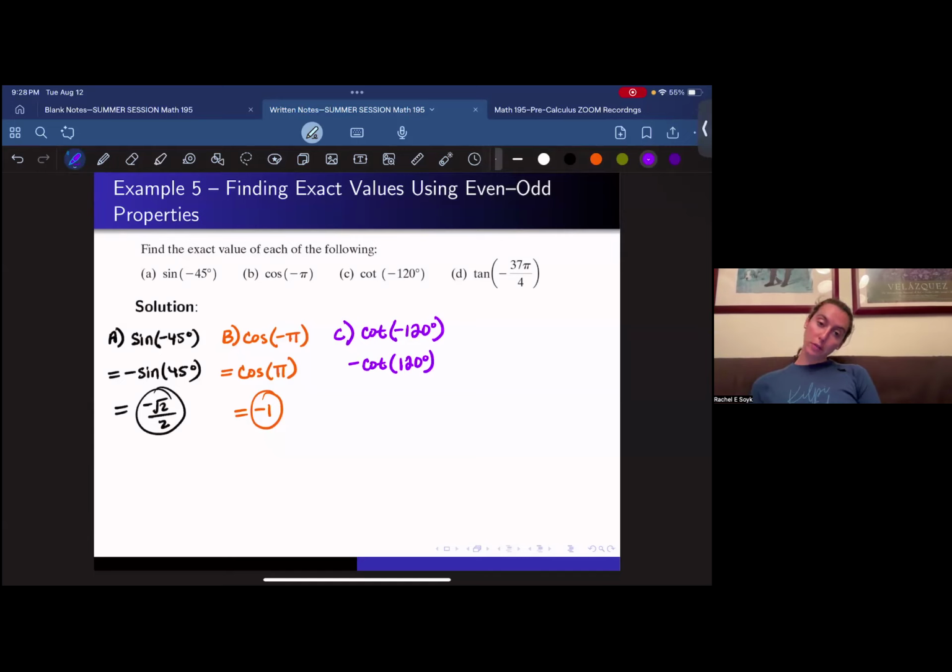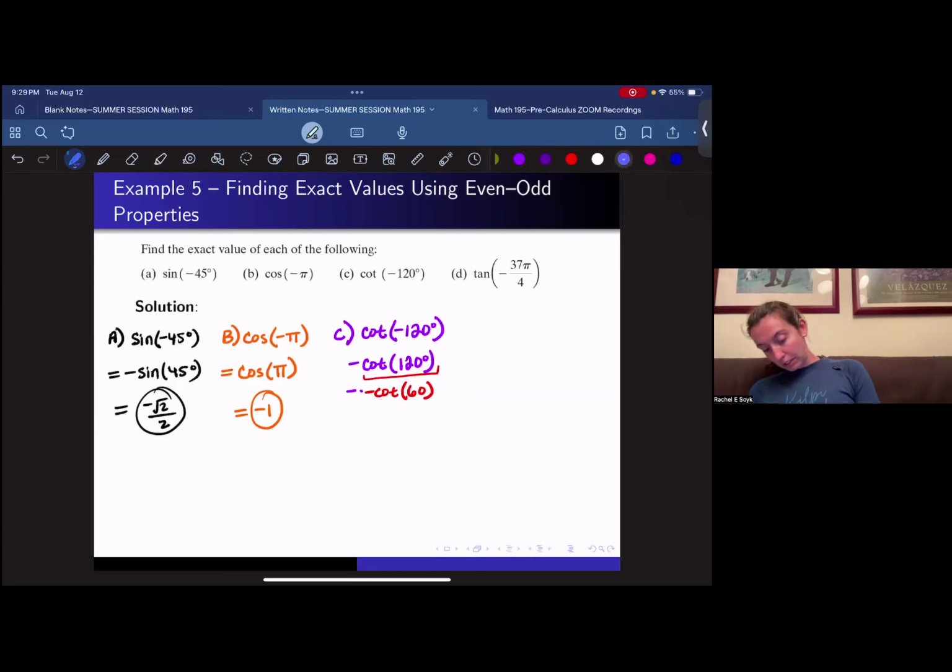Think about reference angle. So this enters into your second quadrant, and your reference angle is 60 degrees. All students take calculus. Only sine-related functions are positive there, which means the cotangent of 120 is the same as negative cotangent of your reference angle 60. You still have that other negative in front.